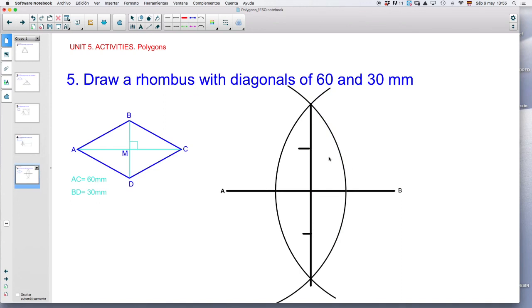This is point B and this is point D. The segment BD is 30 millimeters. Connect the points A, B, C, D to construct the rhombus.